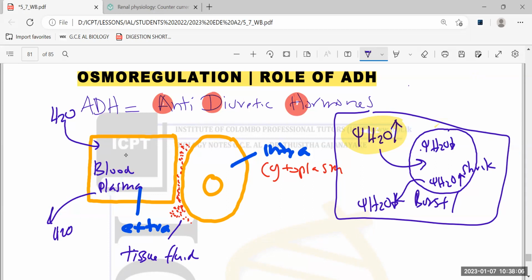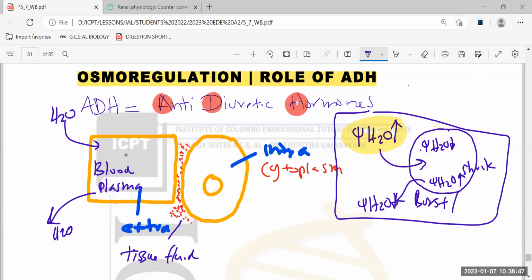If water is lost, the body tries to regulate by absorbing more water from the kidney, right? So we can understand now, if we lose water by sweating, the body has a mechanism to make concentrated urine. If we take a large volume of water, the kidney tries to excrete water with urine.